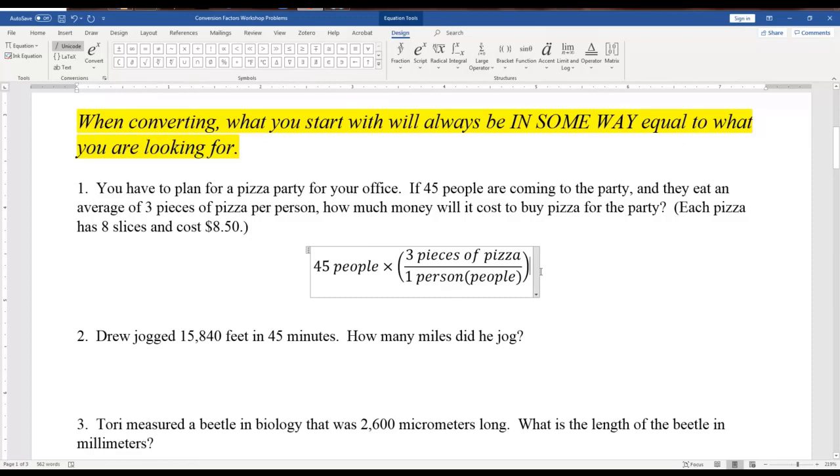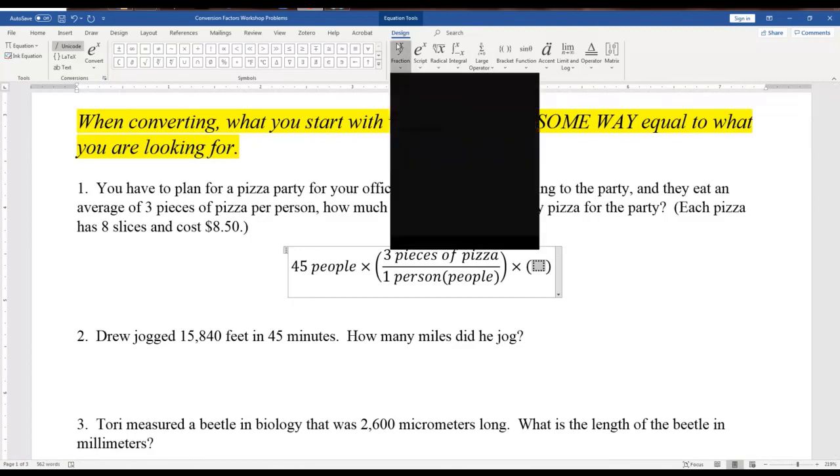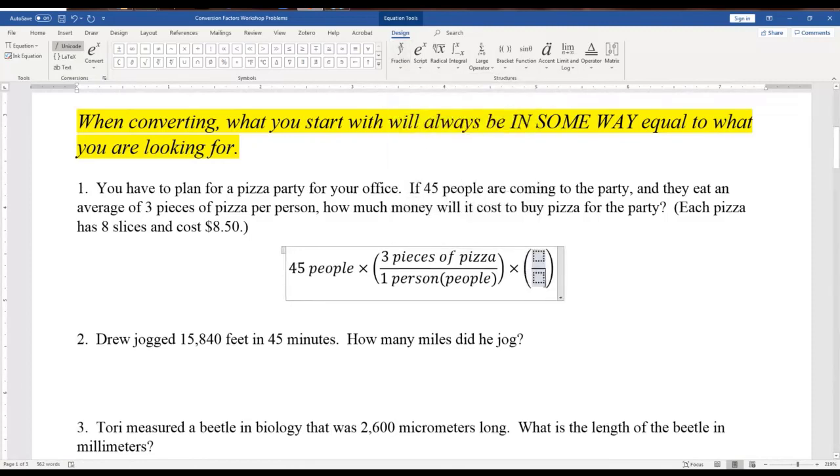All right, and now we'll continue from there. We can set up another fraction. What unit's going to go on the bottom of this one? The number of slices in a whole pizza, yes, or at least we would say slices or pieces of pizza, right?